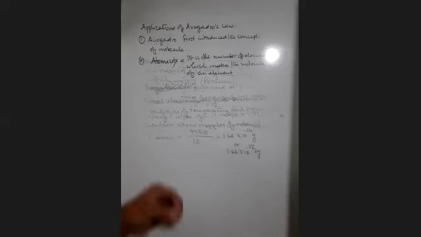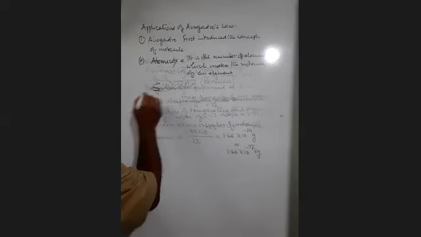So for atomicity, we have noble gases: helium, neon, argon, krypton, xenon, and radon. We write neon as Ne. That is, the neon molecule consists of only one atom of neon. So the atomicity of neon is 1. When you go for hydrogen, oxygen, fluorine, chlorine, bromine, iodine, we know in all these cases, 2 atoms have combined together to make the molecule of that element.